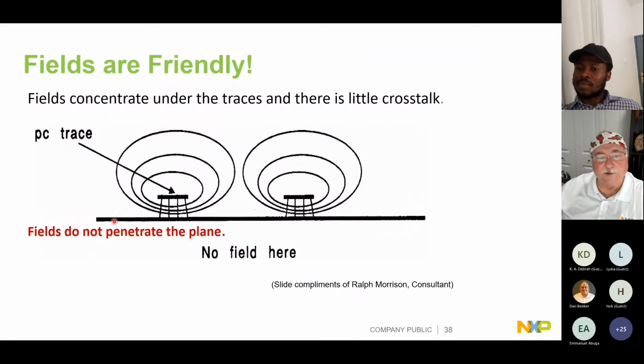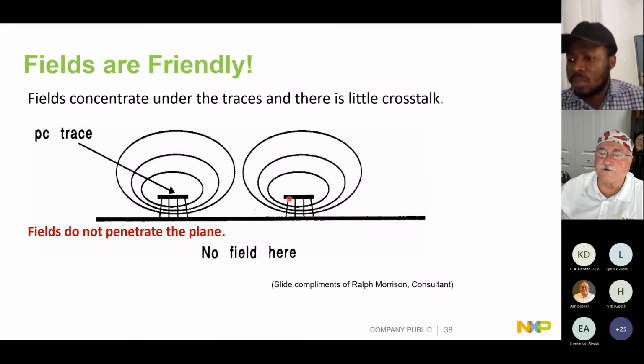If you've got a plane and there are traces over the plane, most of the field is going to be in the space between the bottom of the trace and the top of the plane, because that's where the displacement is happening, and the most displacement. And here's another thing to remember. Surface area is everything. So this wide surface is where you have a large amount of displacement.